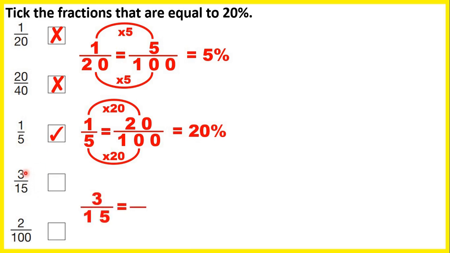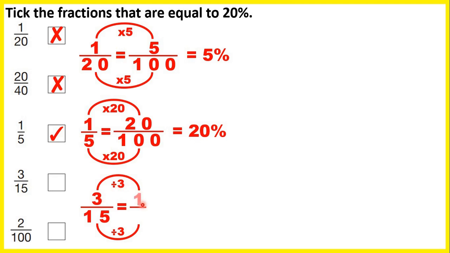Now we have 3 over 15, but 15 is not a factor of 100. So how can we change a fraction with a denominator of 15 to a fraction with a denominator of 100? Well, what we can do is simplify the fraction first. Both 3 and 15 are in the 3 times table, so we can divide both the numerator and denominator by 3.